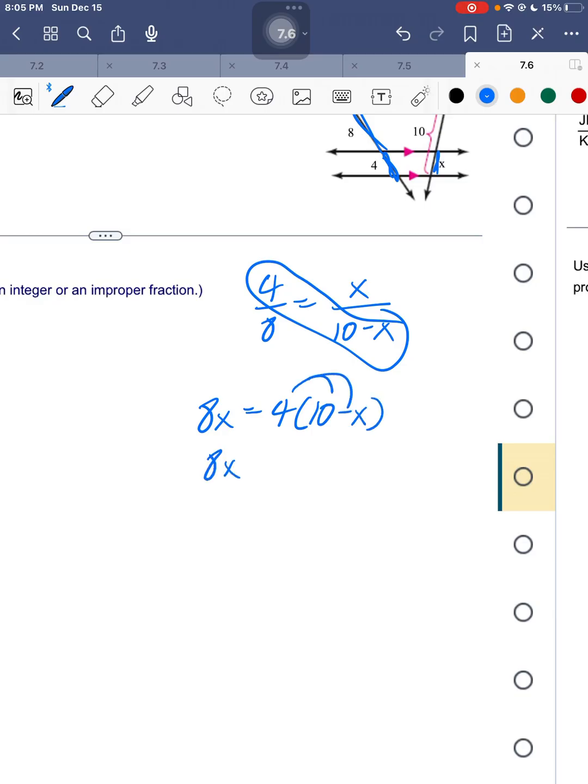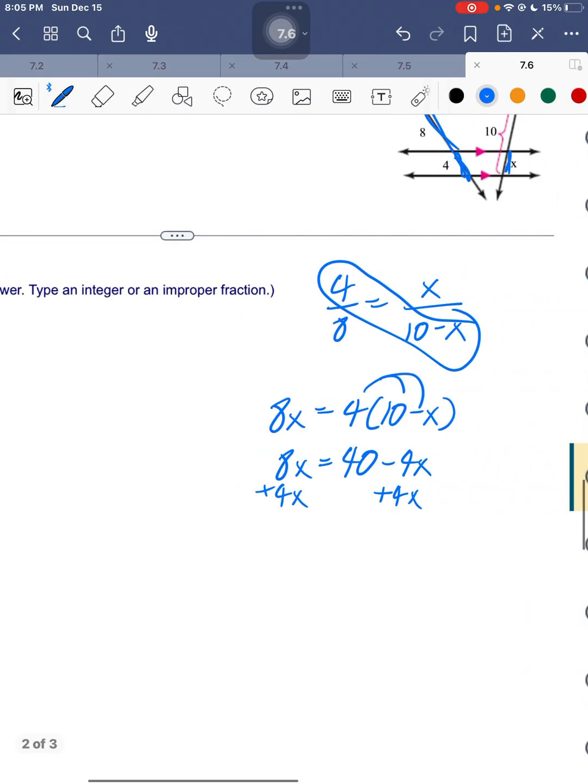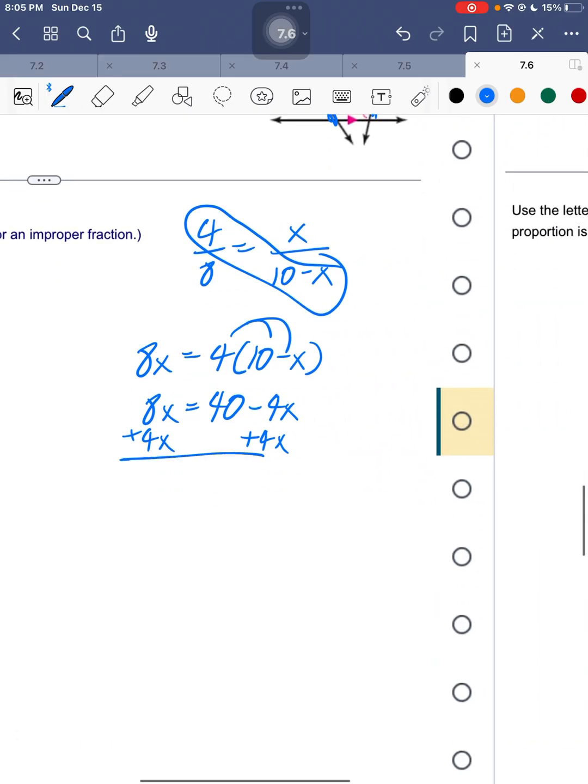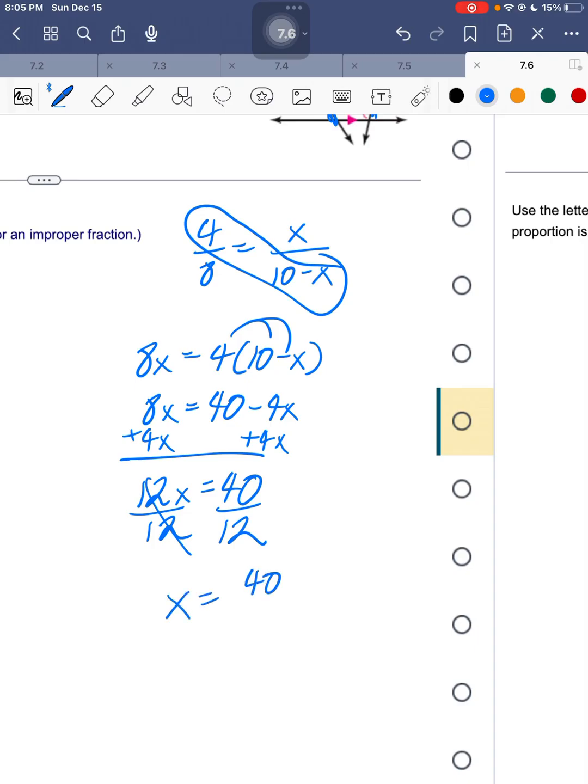That's 8x equals 4 times 10 minus x. Distribute. 8x equals 40 minus 4x. Add 4x. This is going to be 12x equals 40.